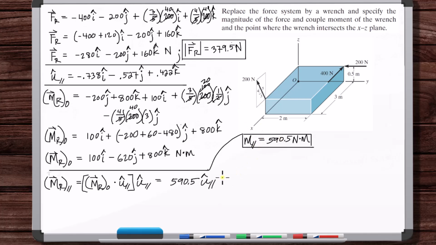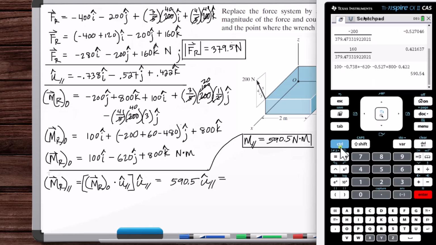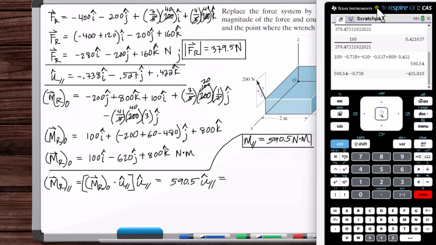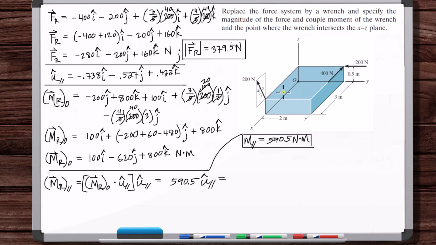Okay, but let's finish getting this vector here. 590.5, now we're multiplying it by the unit vector, so times minus 0.738, minus 435.8. Let's do this.